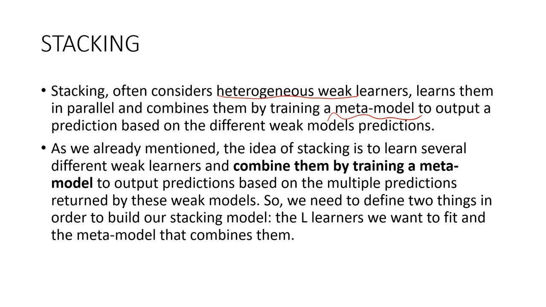As we already mentioned, the idea of stacking is to learn several different weak learners and combine them by training a meta model to output predictions based on the multiple predictions returned by these weak models. So we need to define two things in order to build our stacking model: the learners we want to fit and the meta model that combines them.